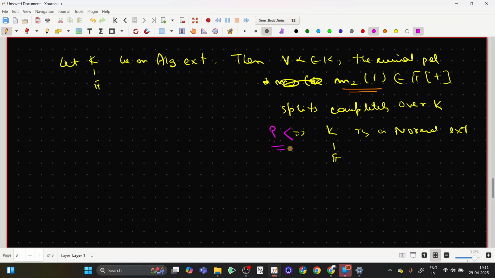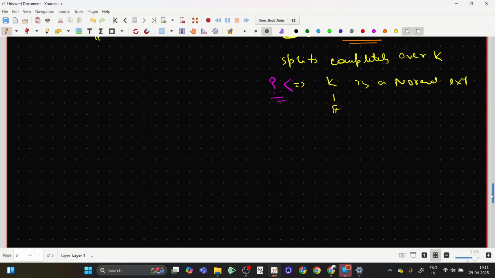If I am given a normal extension, and I choose any arbitrary element from K, then can I say that the minimal polynomial of that element will split over K or not? It might split over some higher field. So can I be sure of the fact that it will split over K itself? Getting my point? So this brings us to the following theorem.